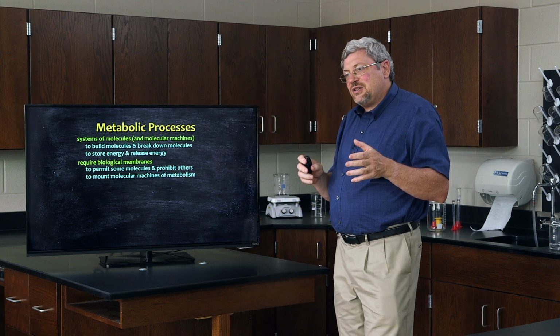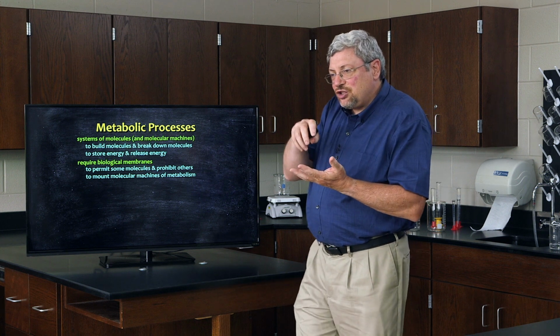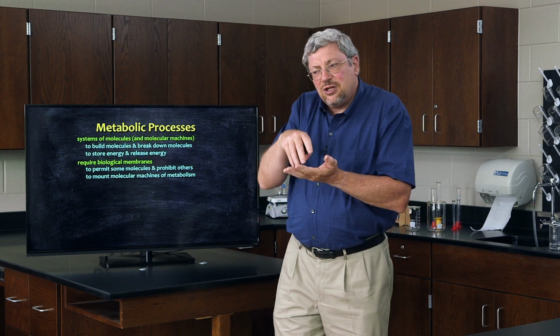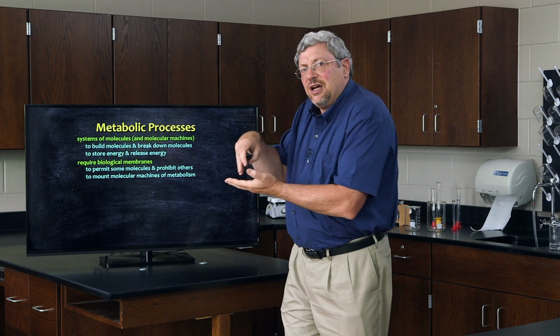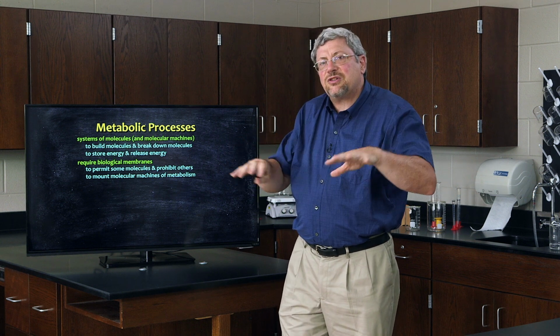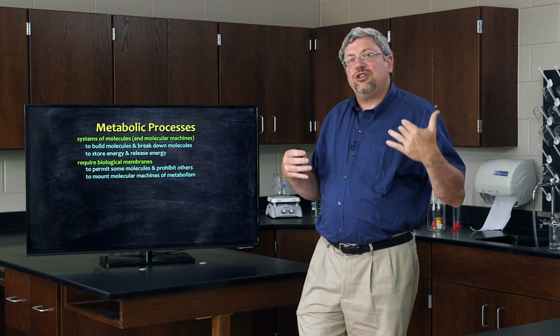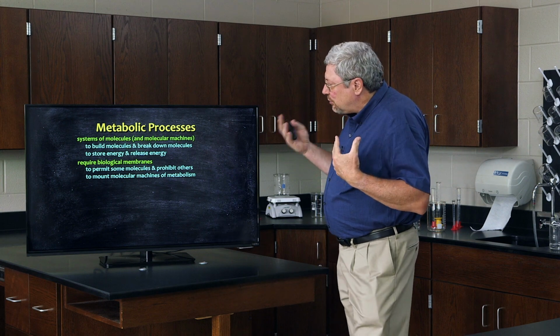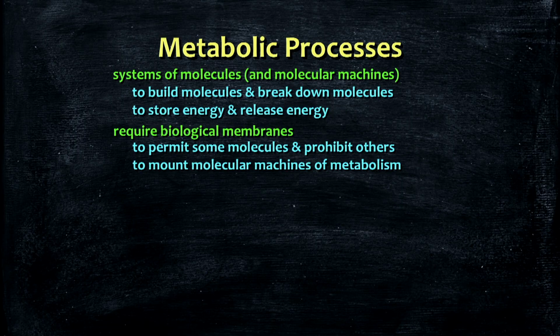And so as a consequence, the machinery of metabolism really needs to be mounted on a floor or a surface. In biology, it's mounted on what are called biological membranes, surfaces that will support these molecular machines.